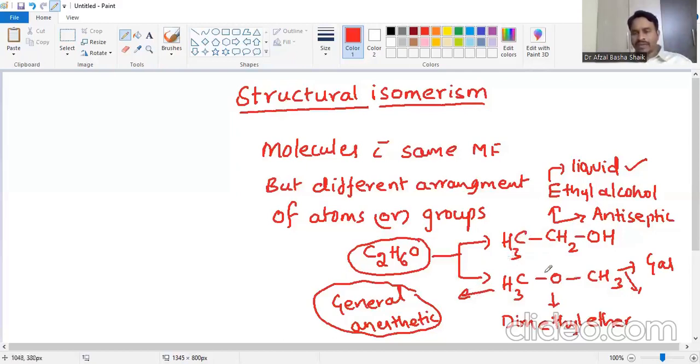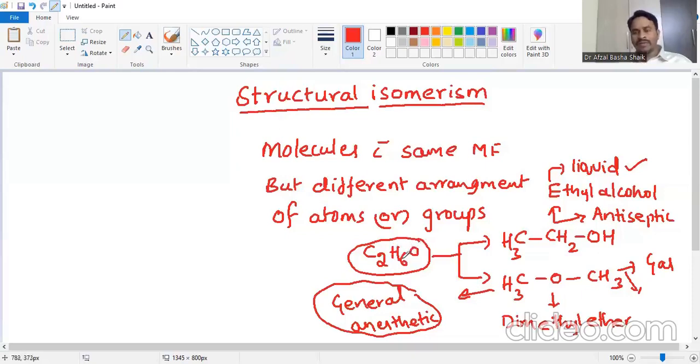Just because of a change in the structural feature, there is alteration in the physico-chemical properties as well as the biological properties. For example, from a chemical point of view, ethyl alcohol is slightly acidic as well as basic, whereas dimethyl ether is a neutral compound compared to this. So the chemical property is different, the physical property is different, and the biological property is different. Due to this change, we need to understand how isomerism is affecting.